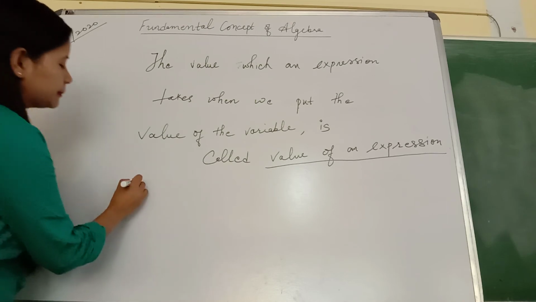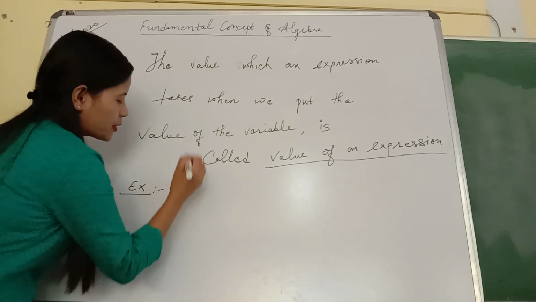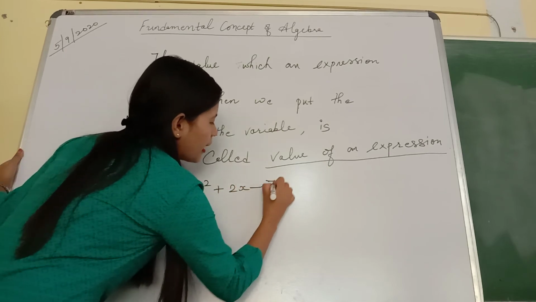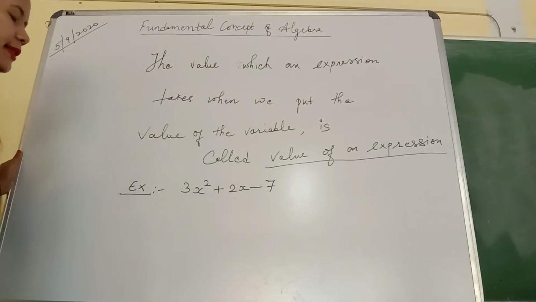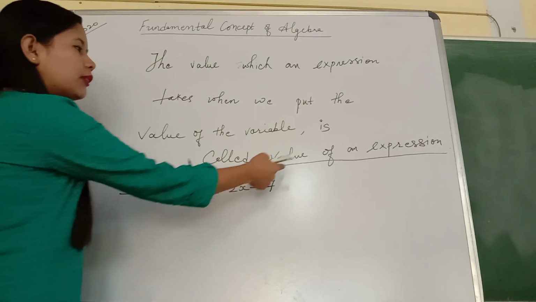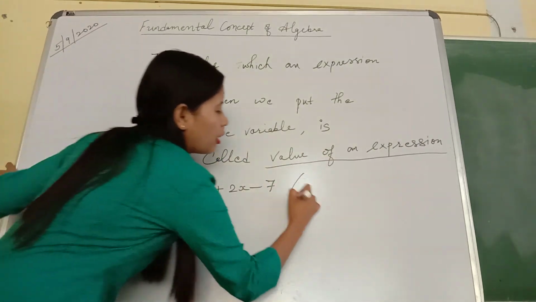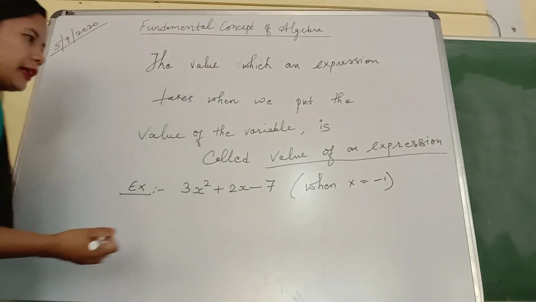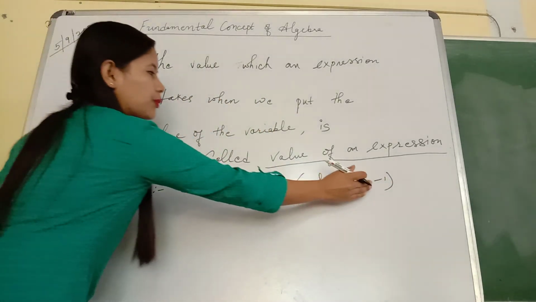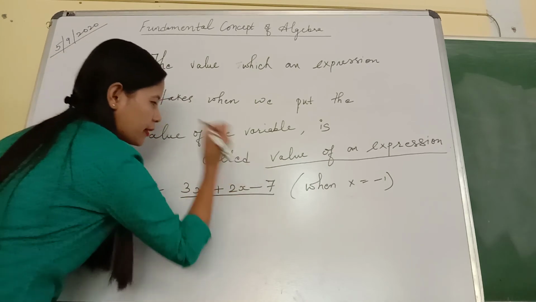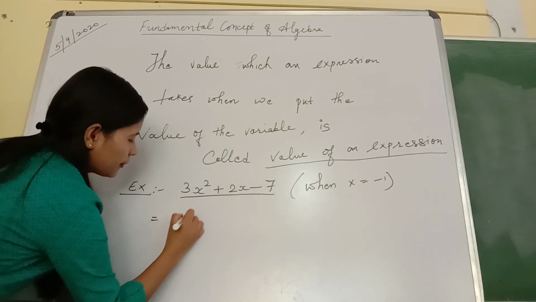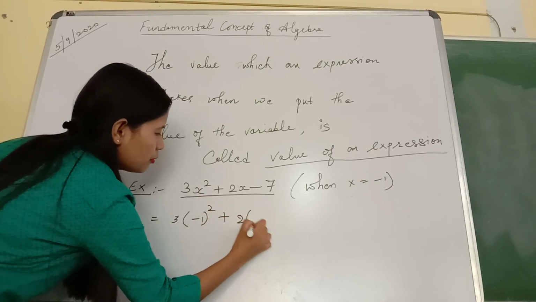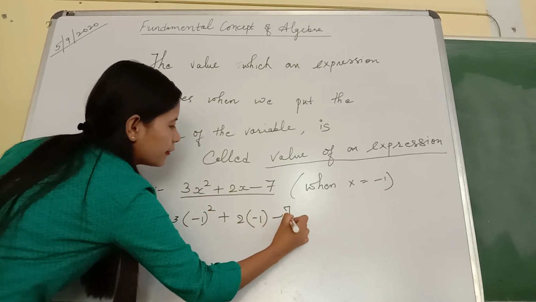Suppose I have the expression 3x squared plus 2x minus 7, and I ask you to find its value when x equals minus 1. Your work is just to substitute the value of x in this expression. This is 3 times minus 1 squared plus 2 times minus 1 minus 7.